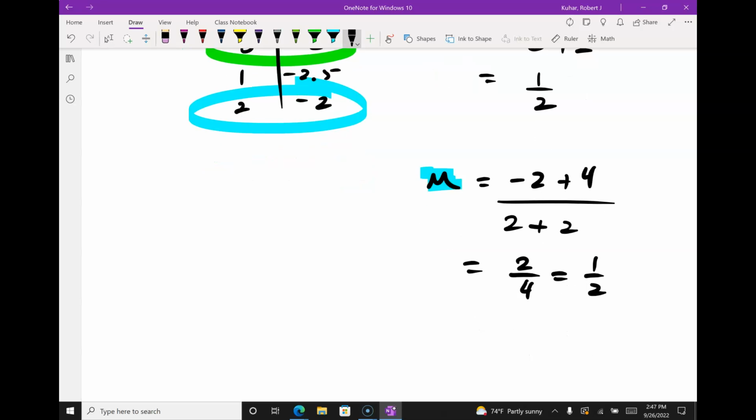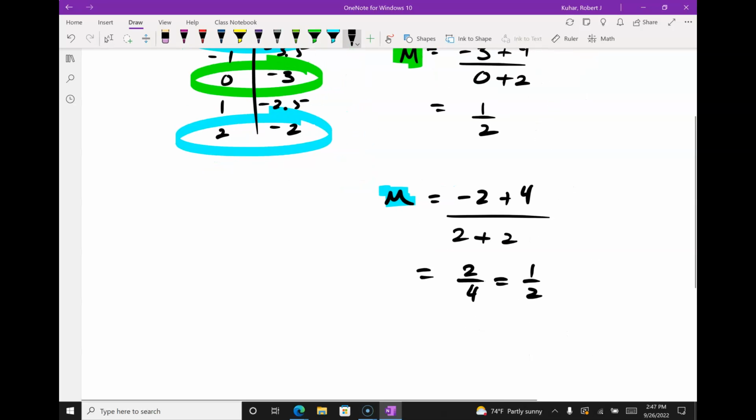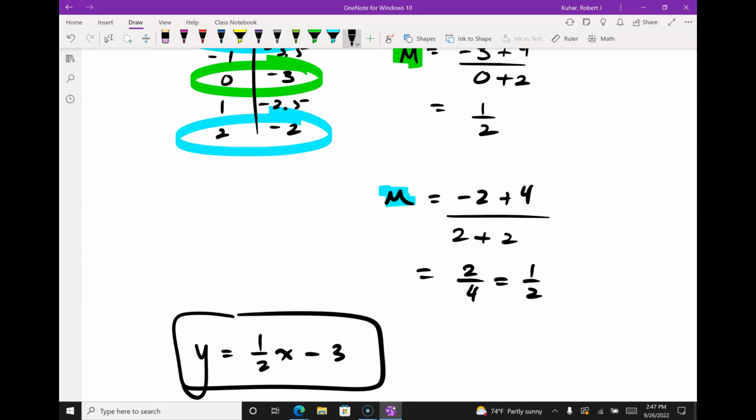So what's my b value? You see it on the chart. -3. When x is 0, the y value that's there is the b value. So on this one, I can go right away to mx plus b form, slope-intercept form.